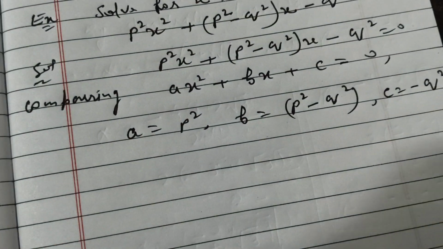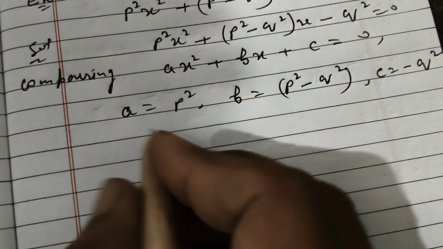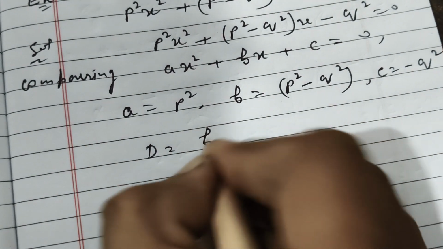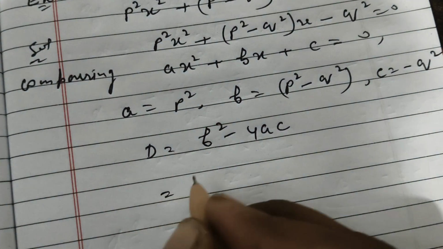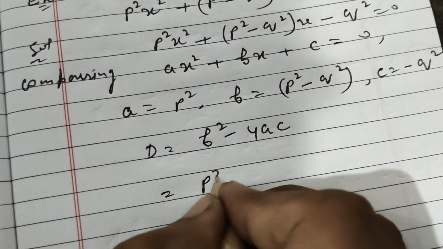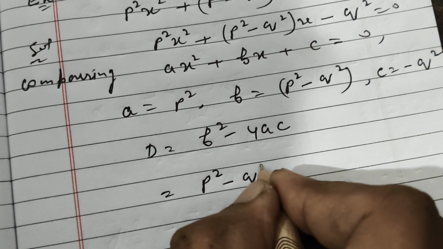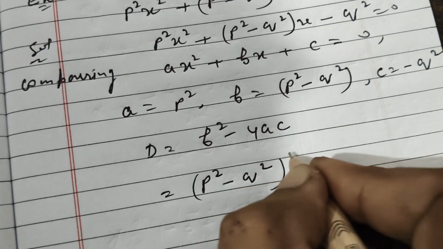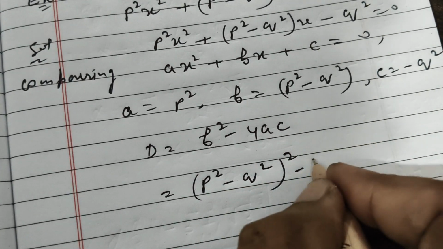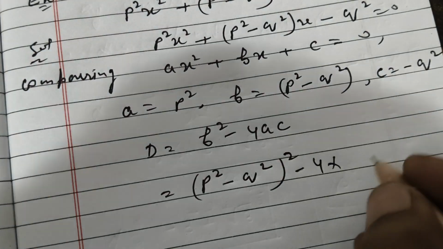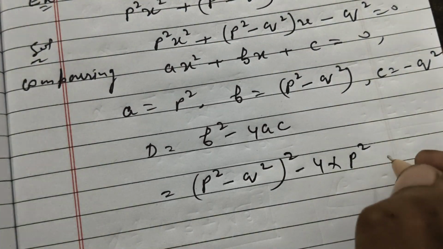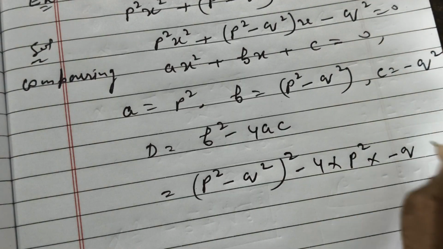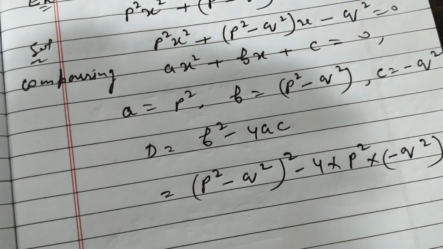First of all, we have to find the value of the discriminant D. So D = b² − 4ac. Here the value of b is (p² − q²)² minus 4 into a, that means p², into c, that means −q².